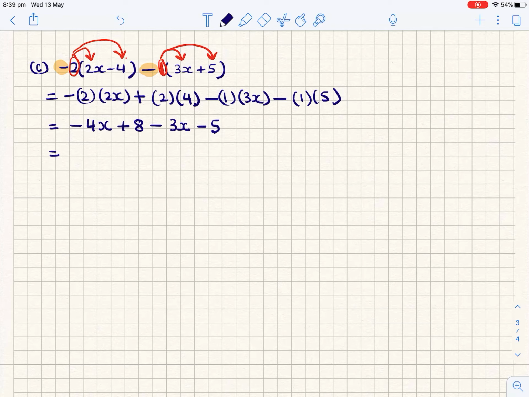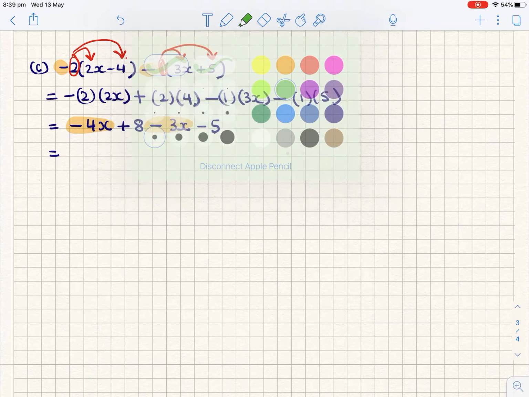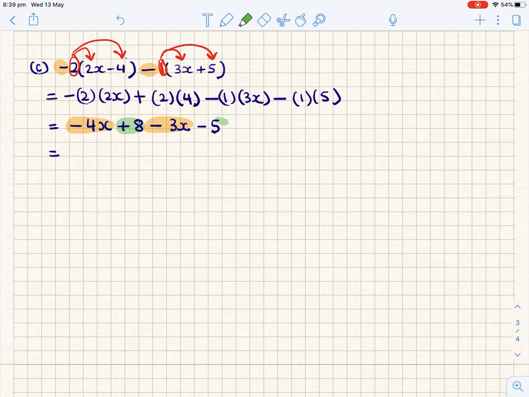Now if we combine the like terms, including their signs, we can combine negative 4x with negative 3x. That gives you negative 7x, plus 8 and negative 5 gives you plus 3. Now these are unlike terms, so that's our final answer.